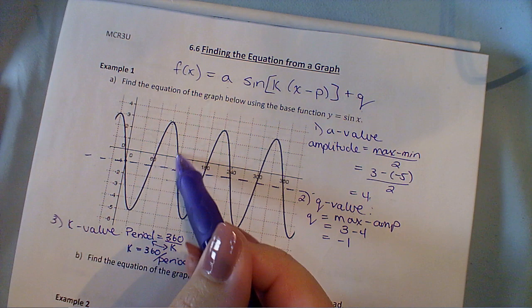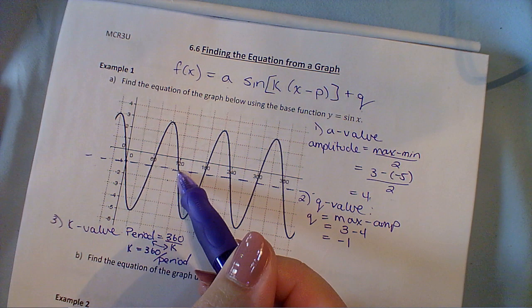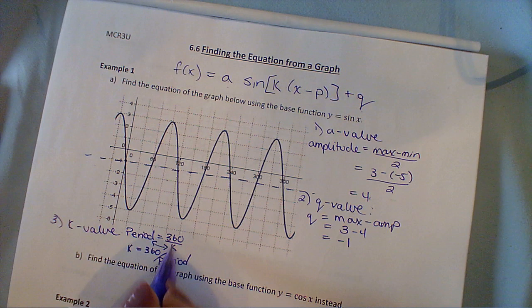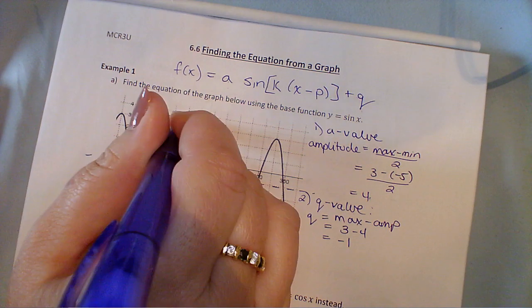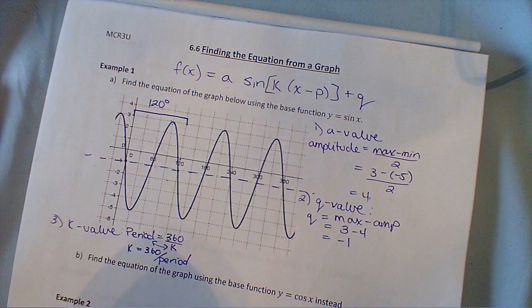So the beginning of the downward bump, that would be over here. Again, 120 degrees. So the period off the graph, from there to there, is 120 degrees. That's one cycle.